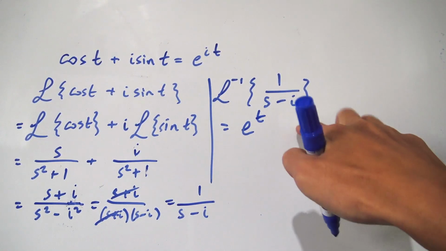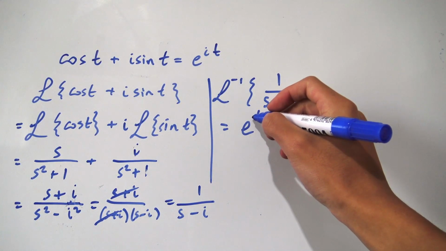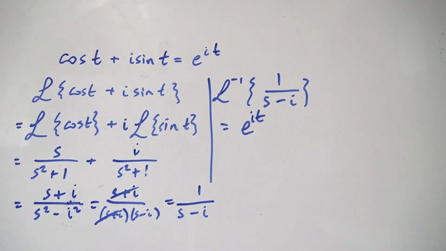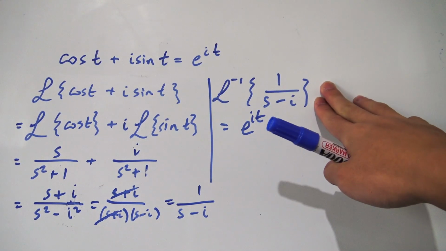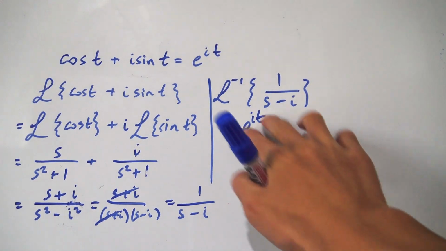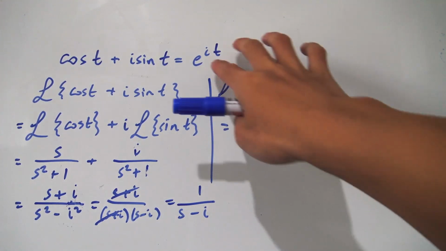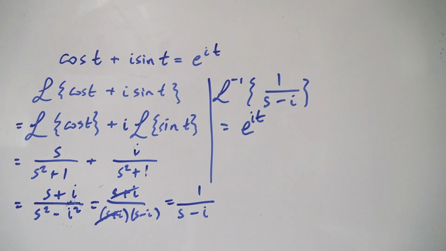And what is that something? Well, if we have s minus some constant, that coefficient of t will just be that constant itself. So the inverse Laplace transform of this thing right here is exactly e to the it, and that's exactly the result that we're expecting right here. So that turned out quite nicely. So yep, that's pretty much the proof of Euler's formula using the Laplace transform.